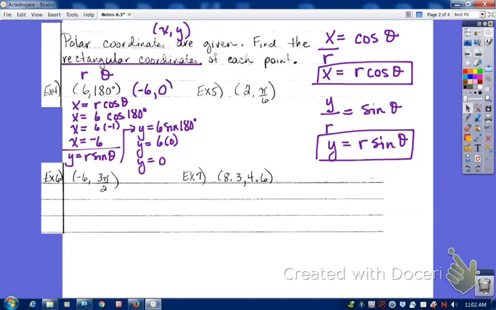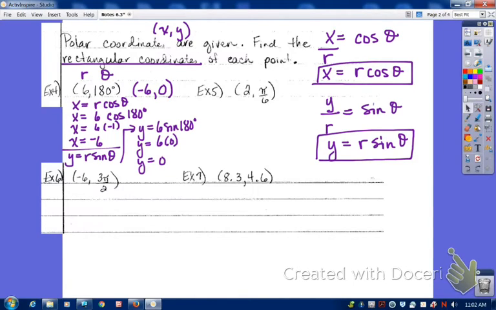So let me make sure what you're doing here. If I were on polar graph paper, and I graph the point (6, 180), that would be to the right 6 and rotate counterclockwise 180. That point in polar form should get me to the same place (-6, 0) does in rectangular form.